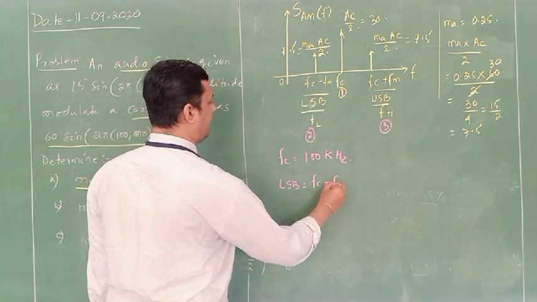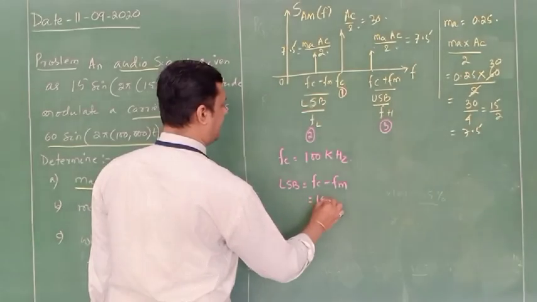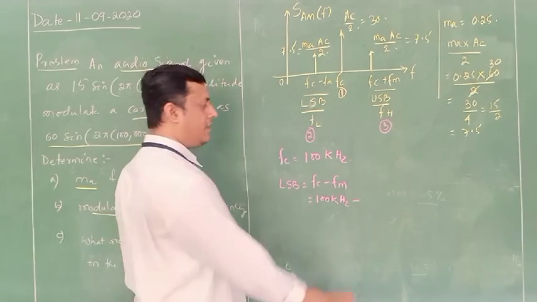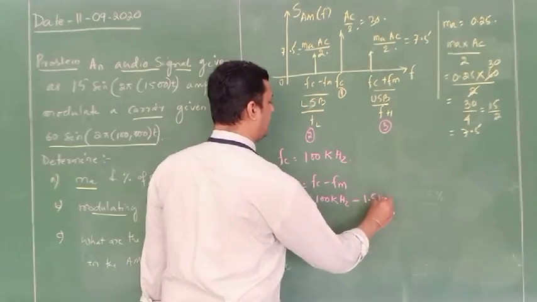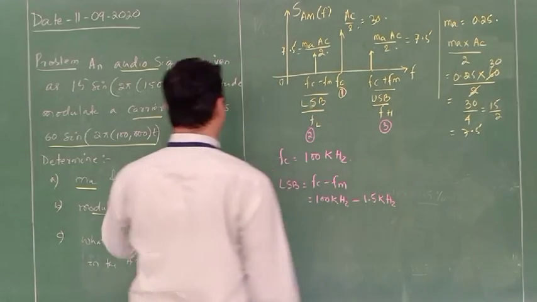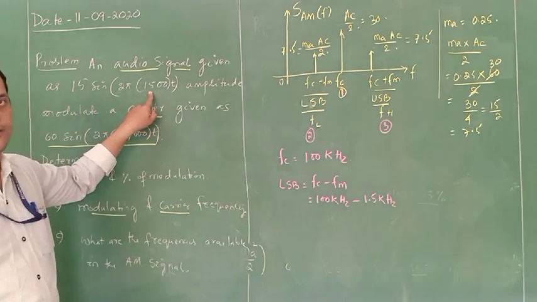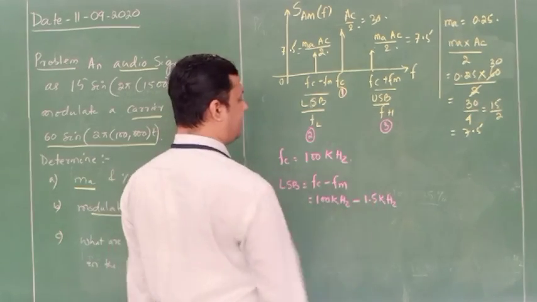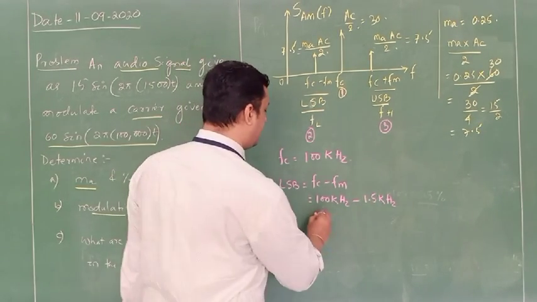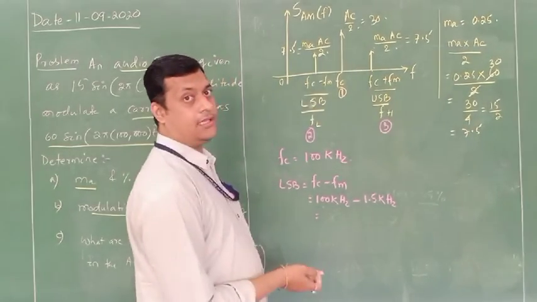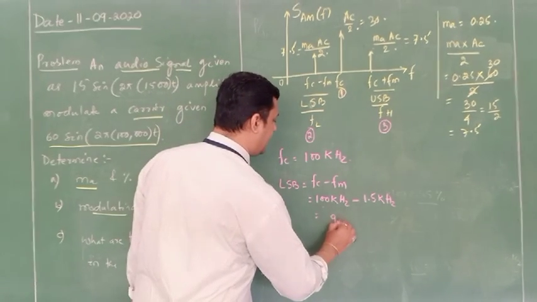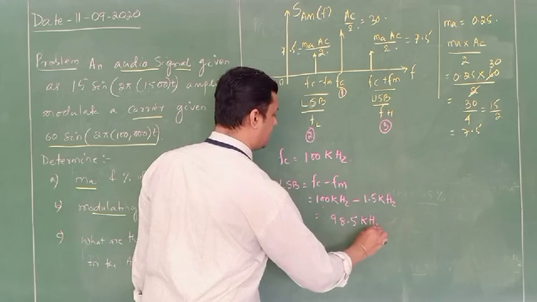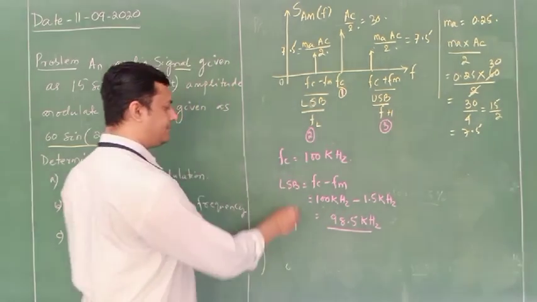It is fc minus fm. fc is 100 kilohertz and fm is 1.5 kilohertz, because as it was written 1500 hertz means it is 1.5 kilohertz. Now if you subtract 1.5 from this 100, you will get how much? You will get 98.5 kilohertz.